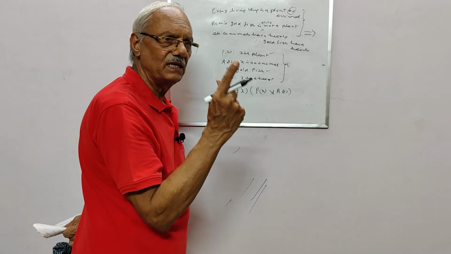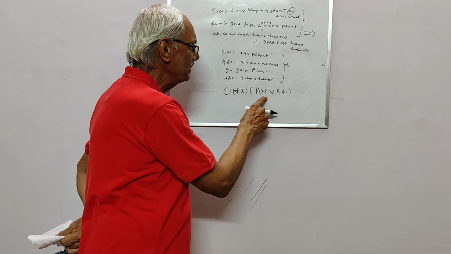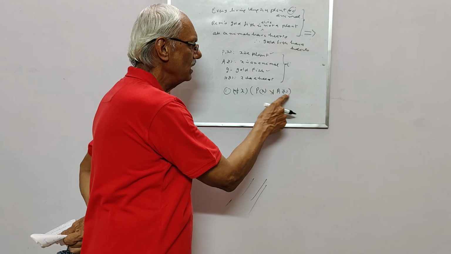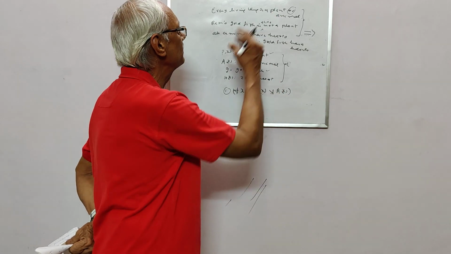For all X, X is a living being, P of X means X is a plant, or, the disjunction means what? Or. So A of X. So this is what he has given in the first one.